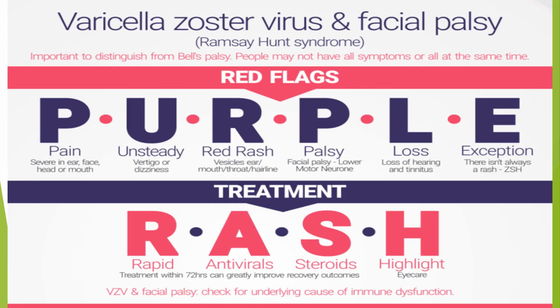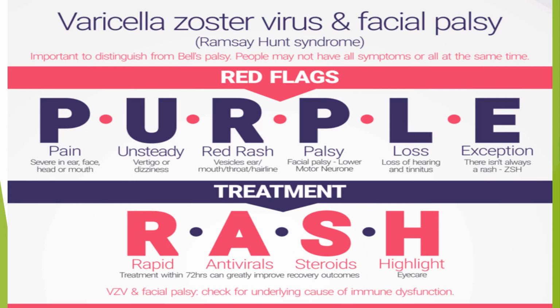In general, we should differentiate Ramsay Hunt syndrome from Bell's palsy. Varicella zoster virus and facial palsy can occur in both. But in the case of Ramsay Hunt syndrome, the red flags are severe pain in the ear, face, head, or mouth, presence of vertigo, or presence of vesicles in the ear, mouth, throat, and hairline, and also facial palsy.